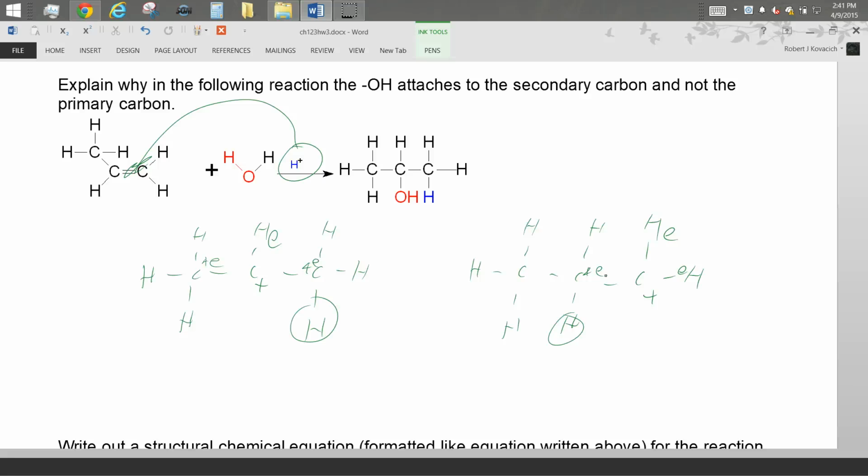So the reason that the OH is in that number 2 position is because the H chose the side that put the positive charge on the more substituted carbon. Because this carbon here can sustain that positive charge a little bit longer than that one over there.